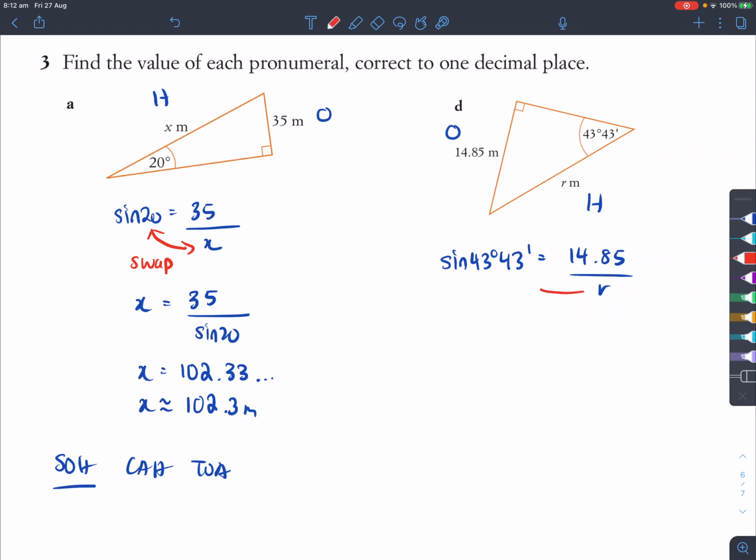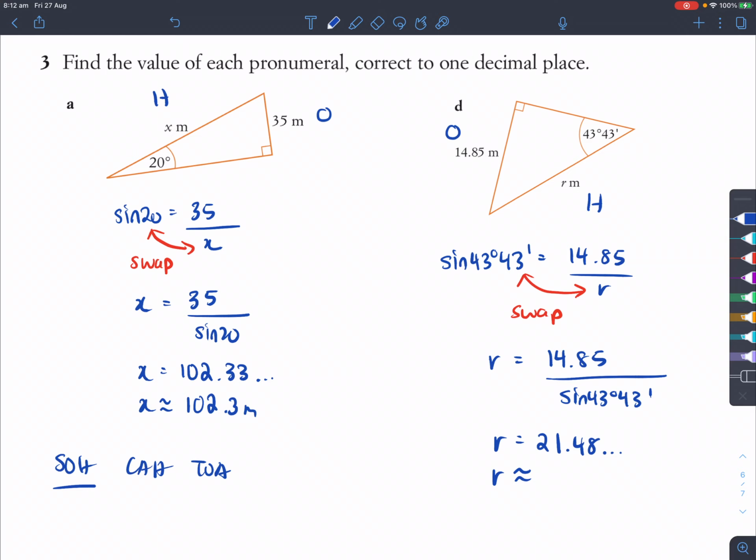So we can swap this with the other term on the other side so that we can get that letter by itself. So r is 14.85 all over sine of 43 degrees, 43 minutes. So if I do that on the calculator once more, I get r equals 21.48, with more numbers after that, and it rounds to 21.5 meters.